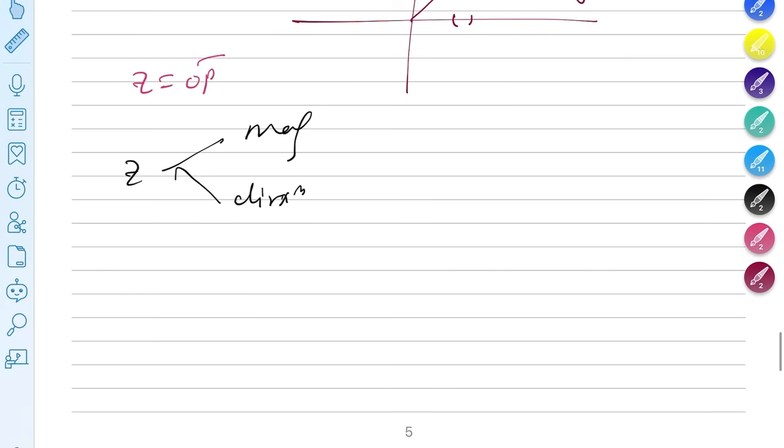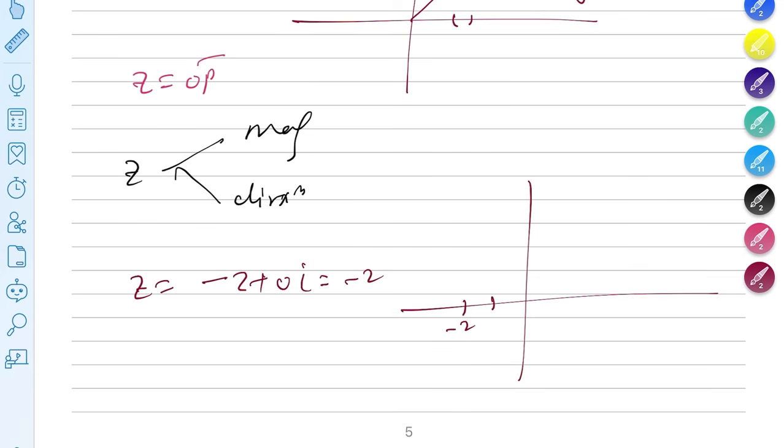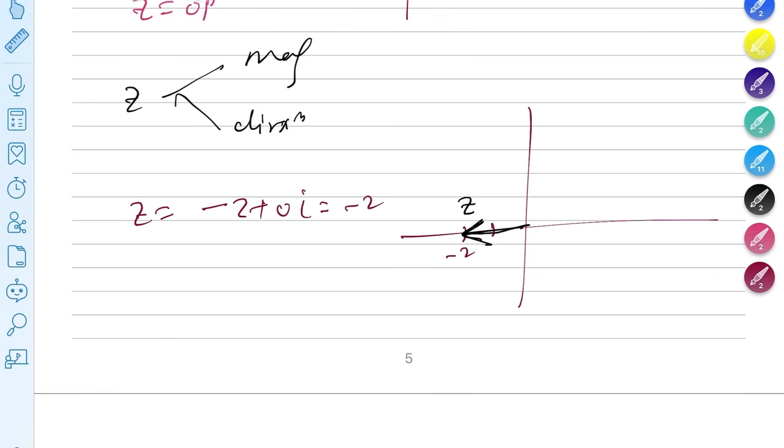Let's say z equals minus 2 plus 0i, that's minus 2. So where is minus 2? Somewhere here is minus 2. If we represent this complex number z equals minus 2, we can represent it like this as a vector. This is exactly the same as if we want to represent the vector minus 2i.